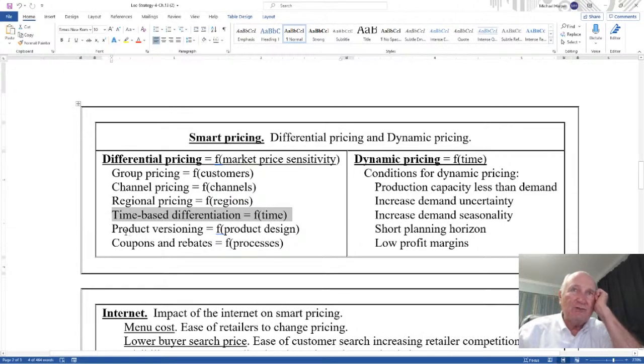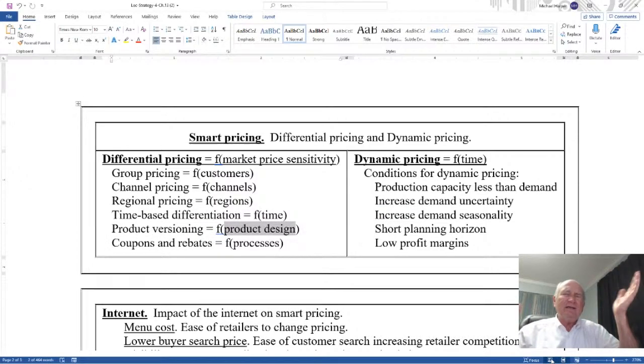And product versioning: different designs can have different pricing strategies. Some product designs can command more. A simple, oversimplified version of this is that if you package it in gold, you can ask a little bit more money than if you package it in brown. Gold and silver have a higher attractiveness than brown or dark colors.